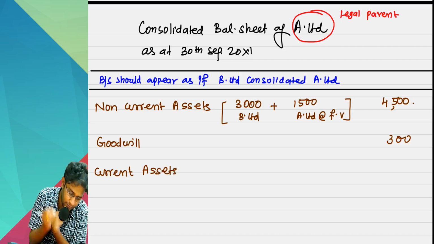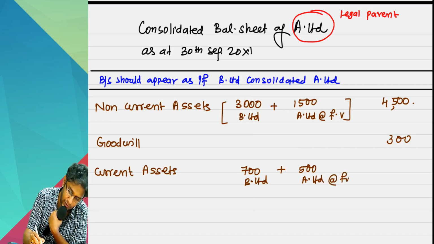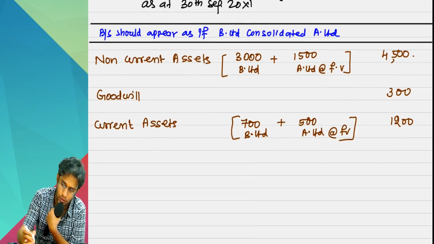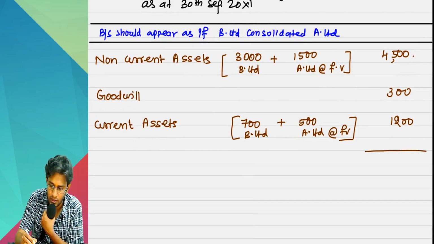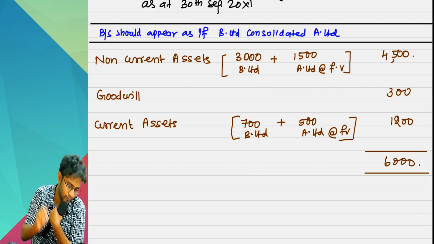Current assets: B Limited 700, A Limited 500. That is at fair value only; the question told us. Just asking, is it full goodwill or partial goodwill? What is this? 6000.